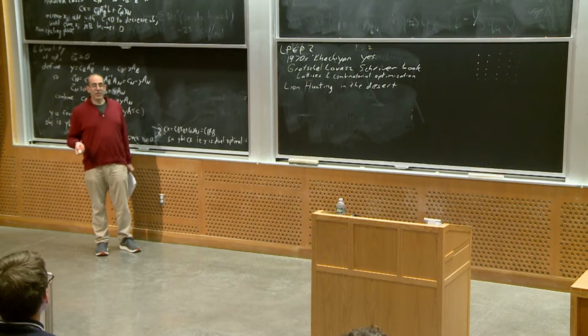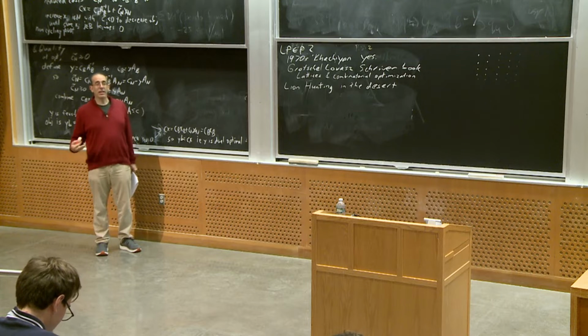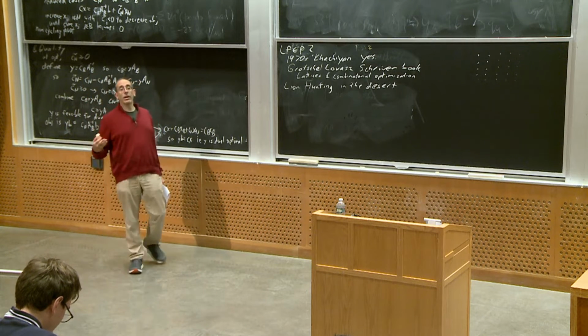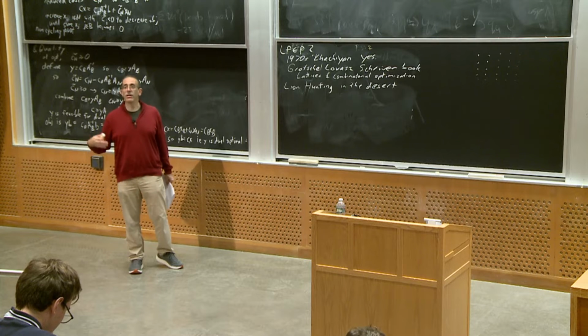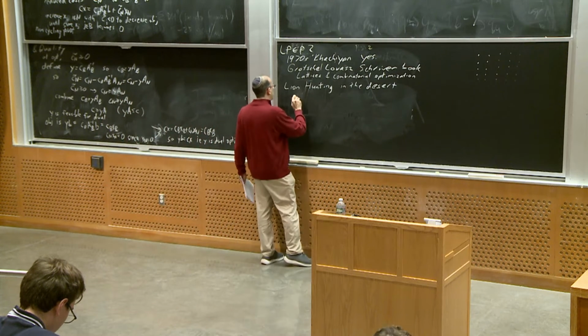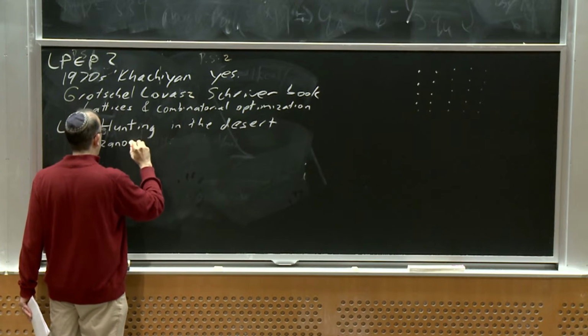Okay, so after class, go Google mathematicians lion hunting in the desert, and it basically has this long list of techniques, right? How do topologists hunt lions in the desert? How do functional analysts hunt lions in the desert? How do combinatorialists hunt lions in the desert? So on and so forth. And the particular method that we're going to be talking about is called the Bolzano-Weierstrass lion hunting method.